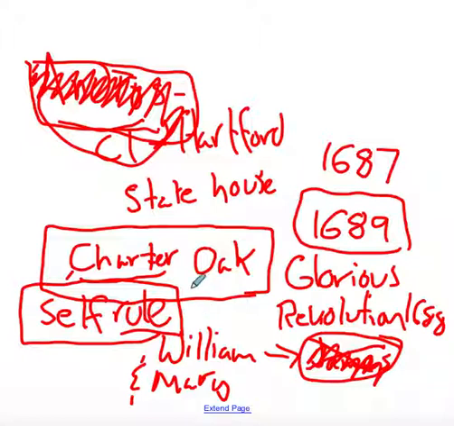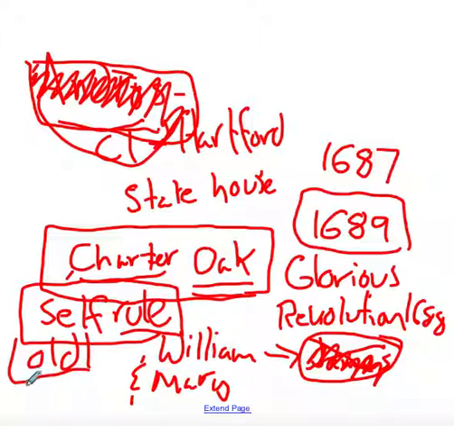A second reason why the oak is a symbol of Connecticut is because it was enormous. It was about 1,000 years old. So when things are old, they tend to be revered. They can be sacred. And the oak tree is common to Connecticut, so the oak tree is a great symbol for our area.